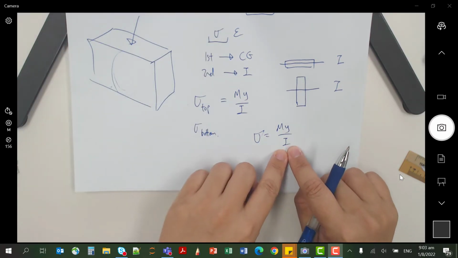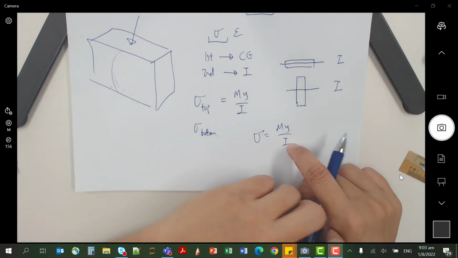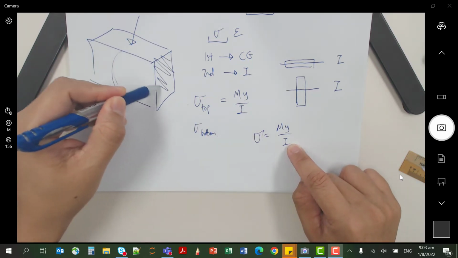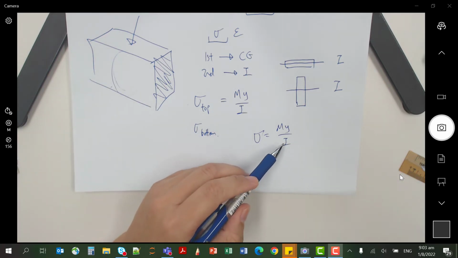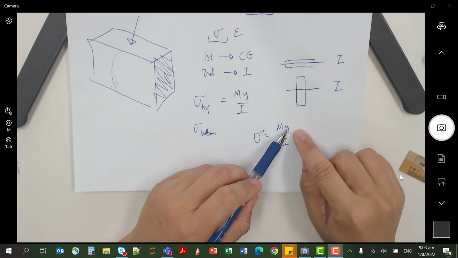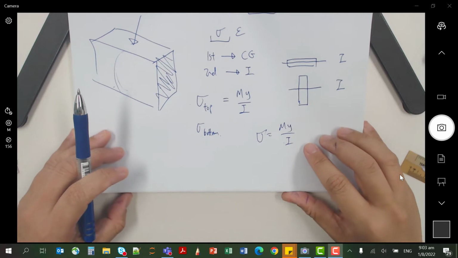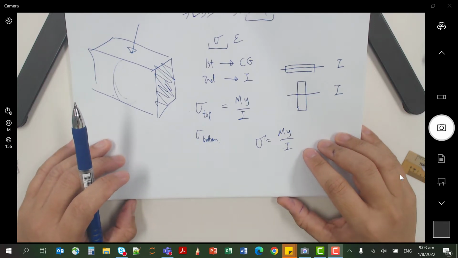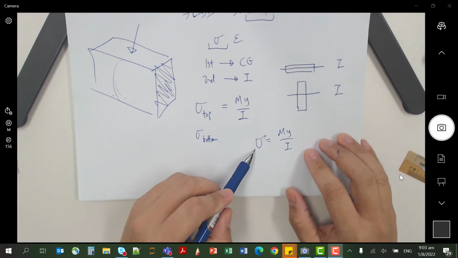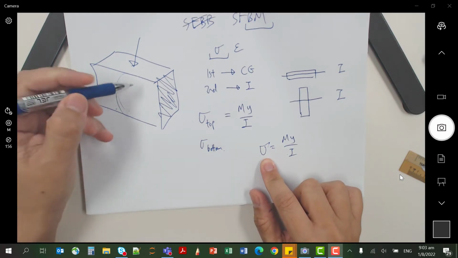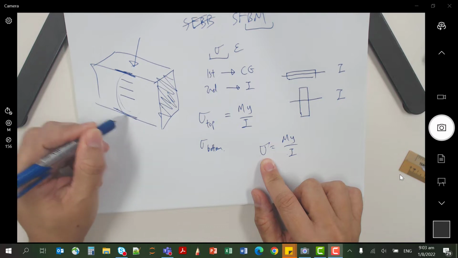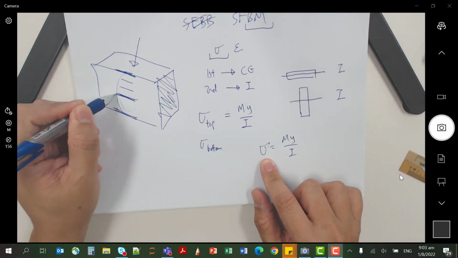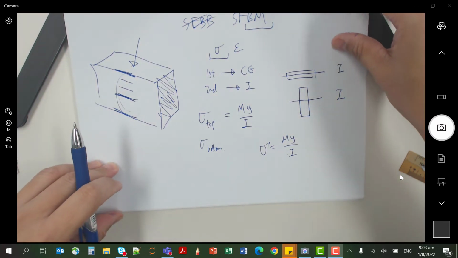And then the I is the I that you need to find based on the cross-sectional shape of the beam. This is where you have to find the second moment of area, and the value Y, I will show you later where to find this. Eventually you'll be able to find out the stresses at the different locations of the beam, either at the top or at the bottom or in the middle. So that's what this whole topic is about.